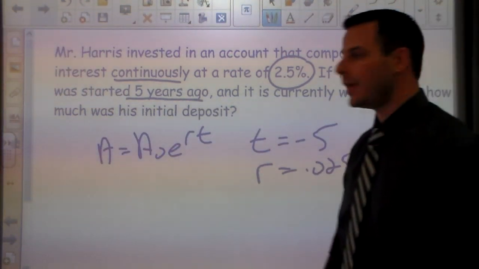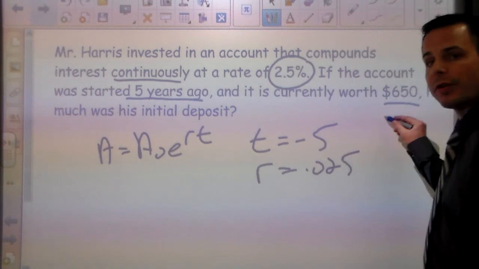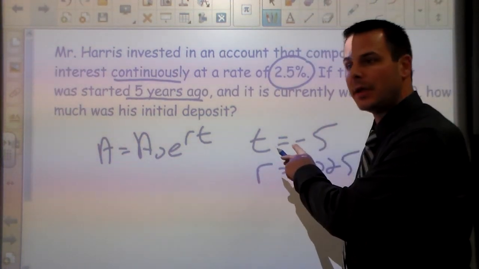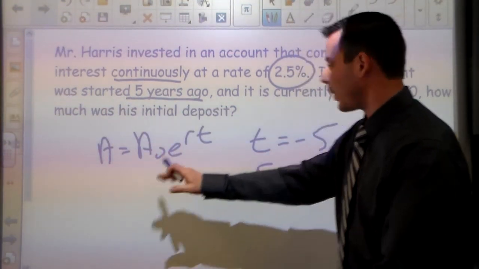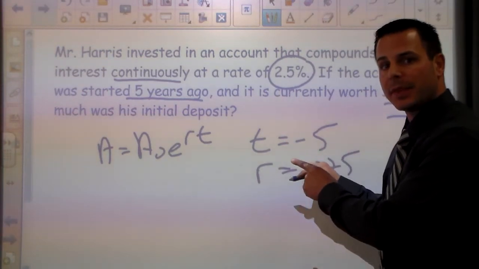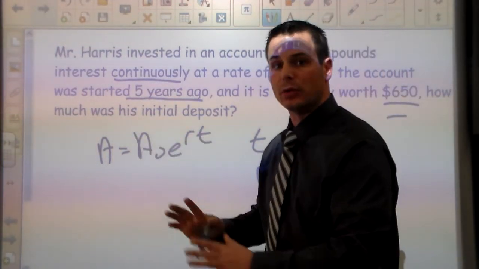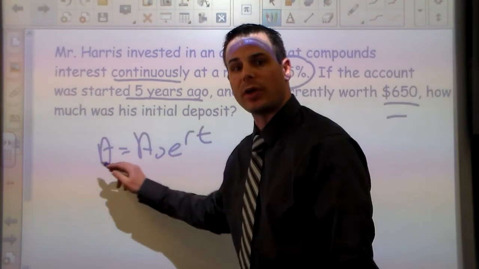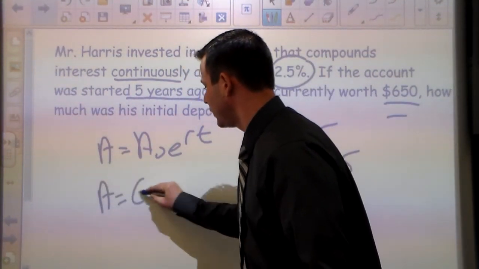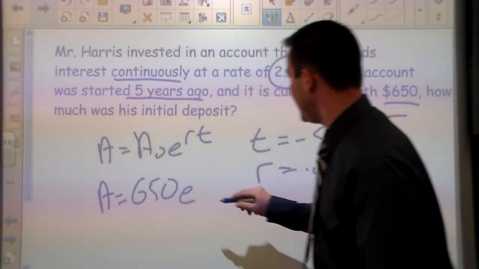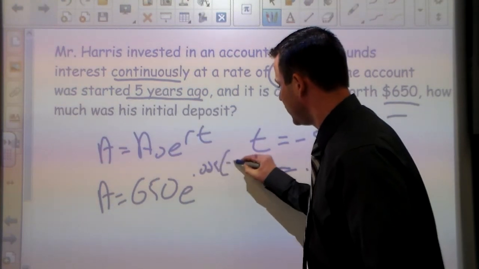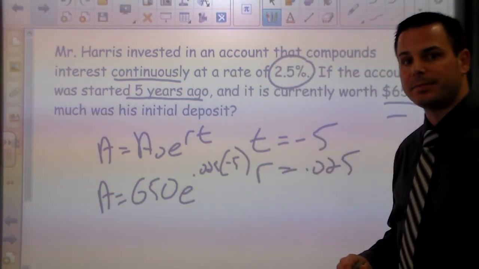So I can think about it this way, that I started with $650, and I'm losing money until I get to my initial investment. Let's see how much I get after I lose all of this money. So in this case, I'd be looking for A, how much I end up with. So A equals 650 times e to the 0.025 times -5.